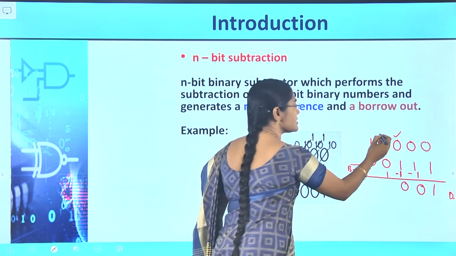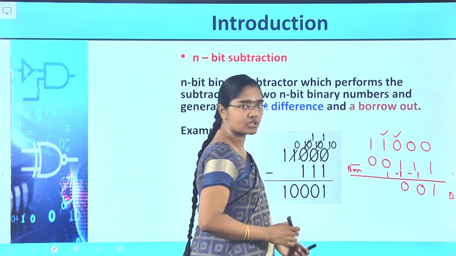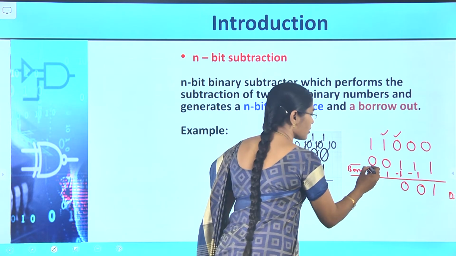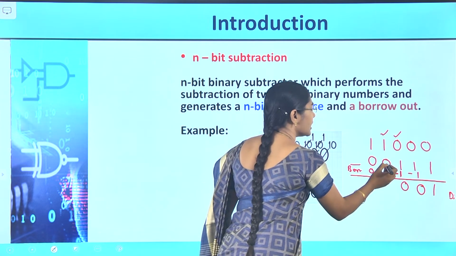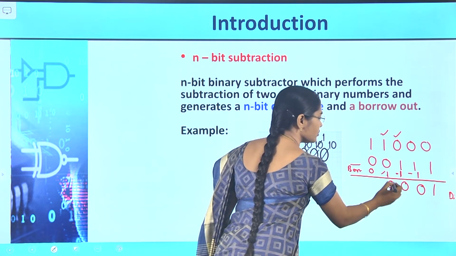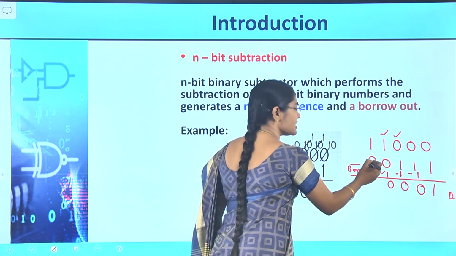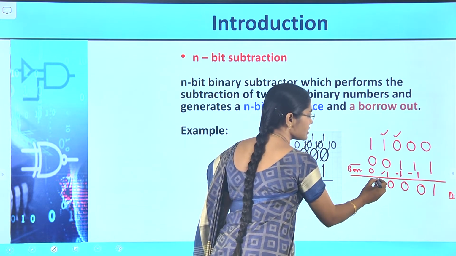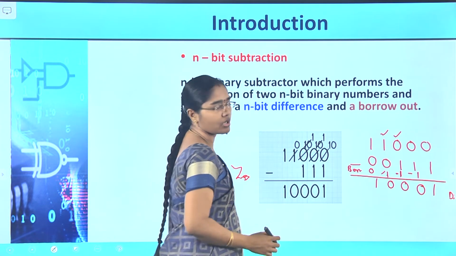Then in the next case 1 minus 0 is equal to difference 1 and borrow 0. So borrow 0 and difference 1, and the third number 1 minus 1 is equal to 0. Then 1 minus 0, difference 1 and borrow 0. Then again 1 minus 0 is equal to difference 1 and borrow 0.